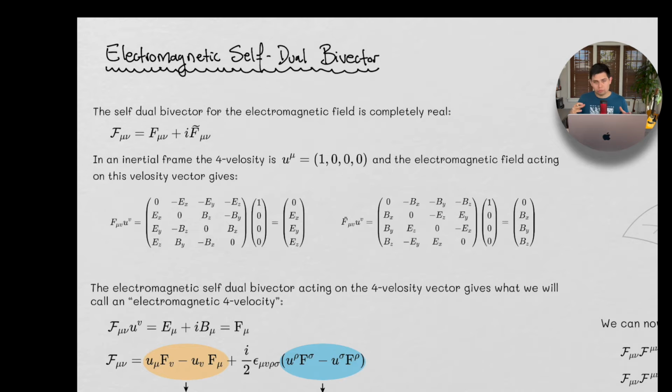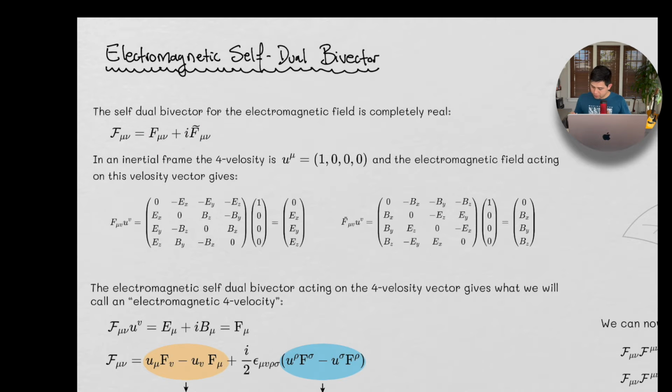So the self-dual bivector, as we mentioned before, is this object right here. Why is it called a self-dual bivector? It's because it's got the dual within its definition, right? So the dual right here is what we called right here. Then we have this, which is not the dual, and then this is something that contains both of them.